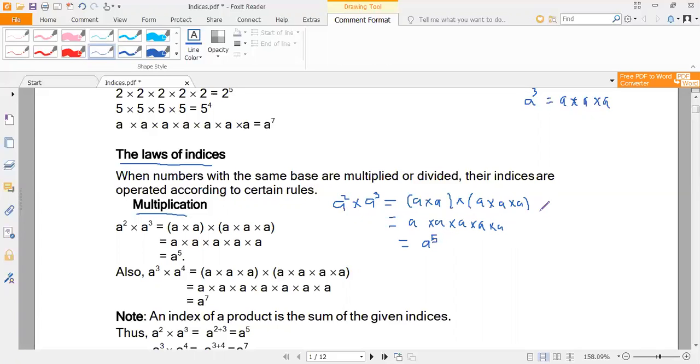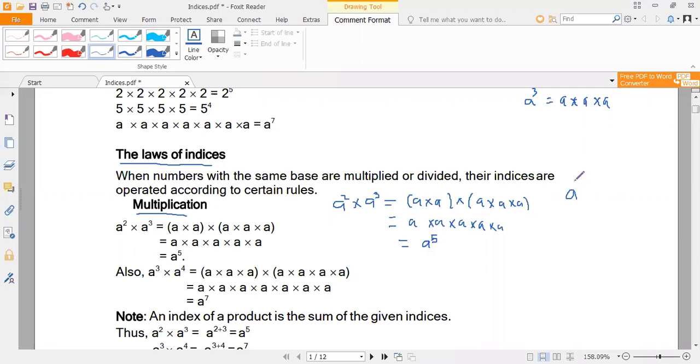But this is when the powers are small. The multiplication law helps us solve bigger powers. According to the law, when multiplying two numbers of the same base with powers, we maintain the base and add the powers.